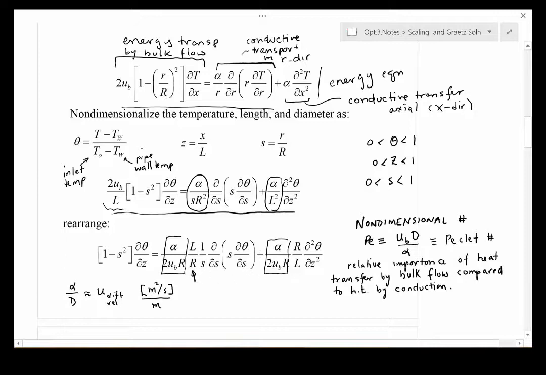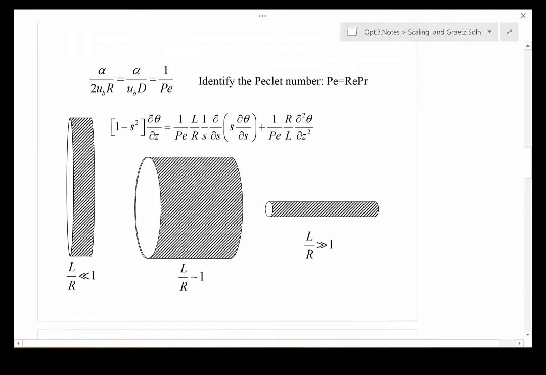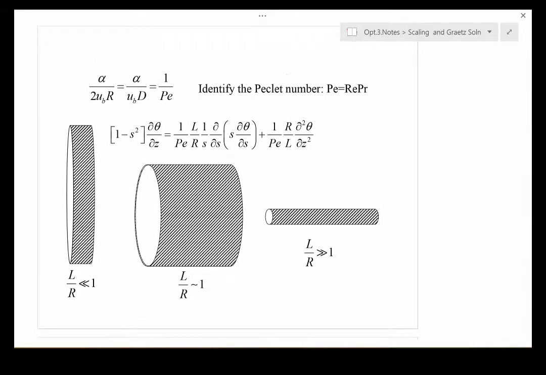It has this L over R, or its reciprocal R over L. Those are the two things that really identify the important parameters in this equation. We can use this idea of the Peclet number and this geometric parameter to help us understand what's going on in this problem.